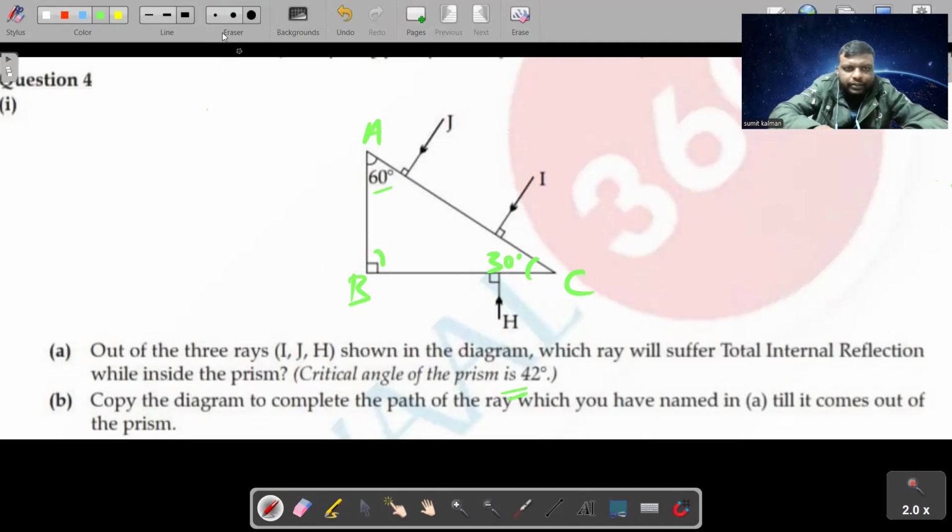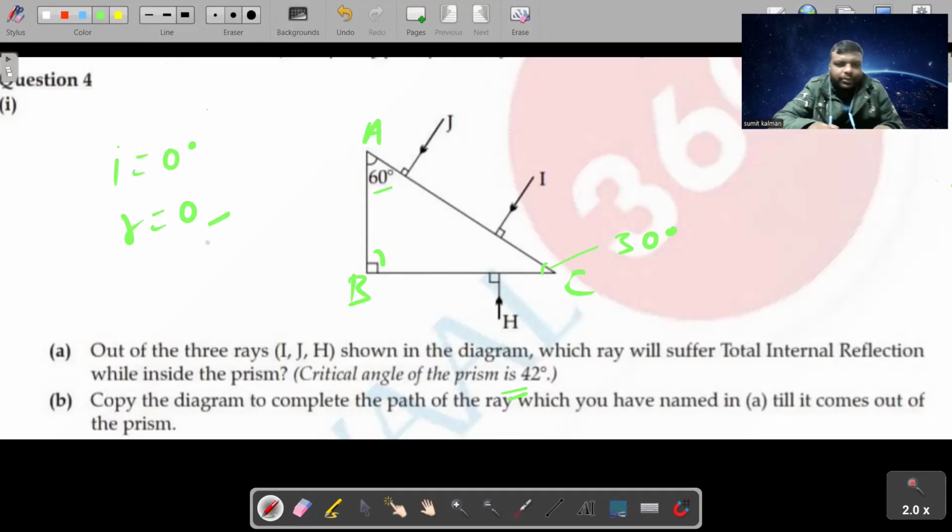Here H is incident perpendicular to the side BC of the prism. So here i will be equal to 0 degree. So r will also be 0 degree. That is, angle of refraction r will also be 0 degree.